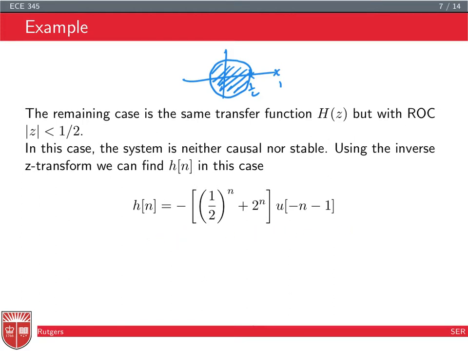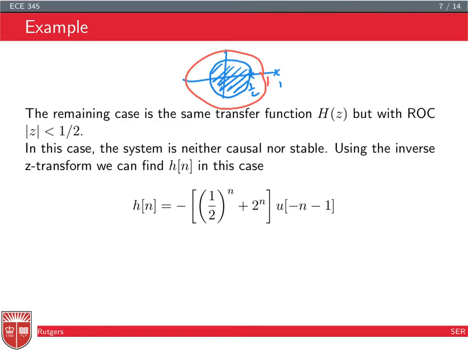In this case the system is not causal because it has negative-time components, as you can see here. Also, at the ROC, it's not the exterior of a circle. If you remember, for causality we need two conditions to be verified. First, the ROC is the exterior of a circle going to infinity, and also, if it's a rational function, the degree of the numerator in z should be less than or equal to the degree of the denominator in z. The system here is not causal, and it's also not stable because the unit circle is not contained by the ROC. It's actually outside the ROC.